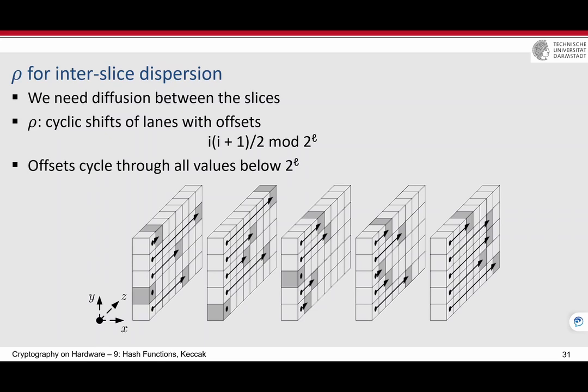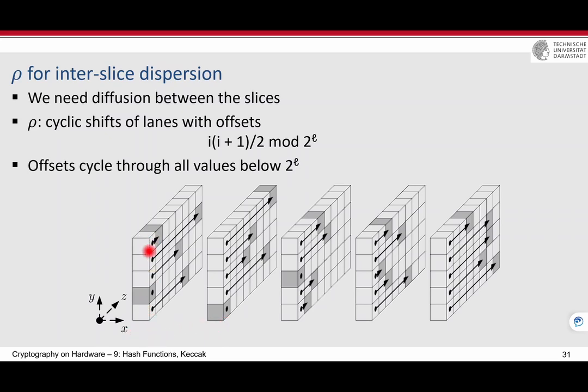Then there is another function, which is the row function, which is the inter-slice diffusion. You see here that there is no XOR at all. This is just changing the position. The values which are here are just moved like here, but for different x differently.